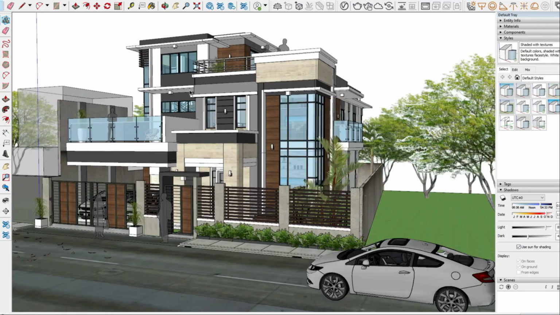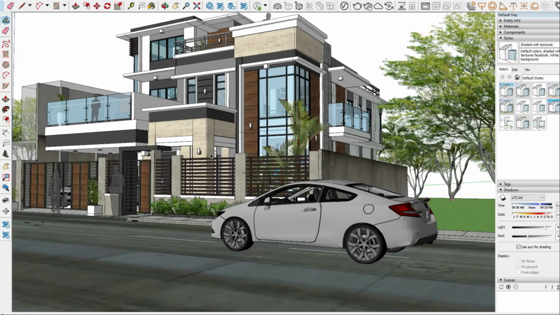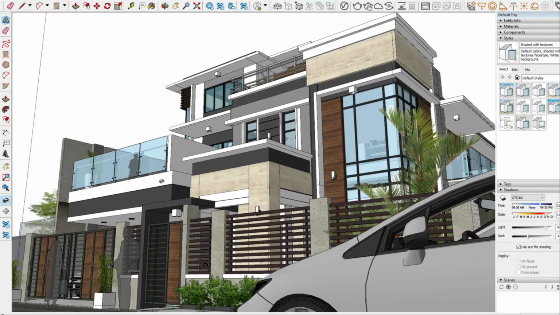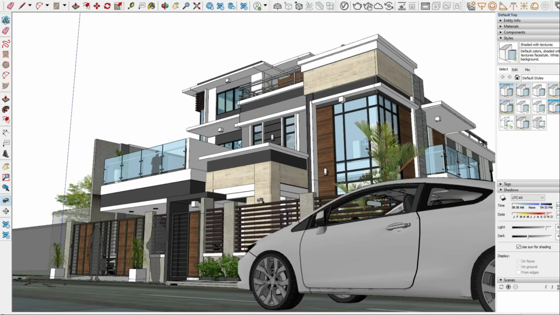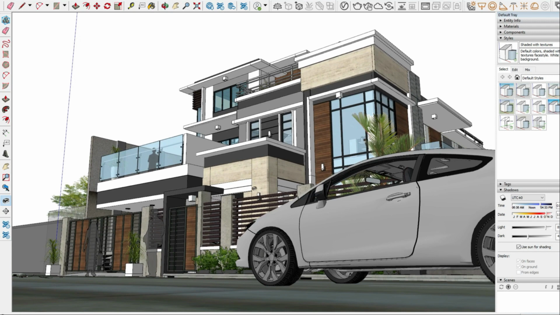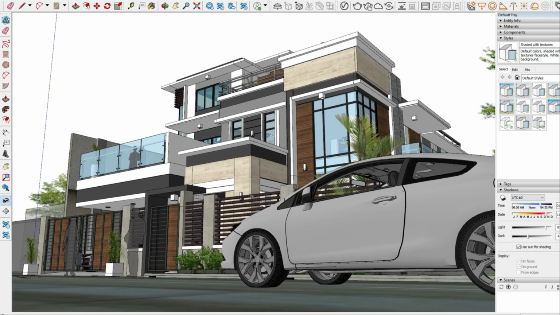So this is worm's eye view. Amo na siya mag-render sa worm's eye view.